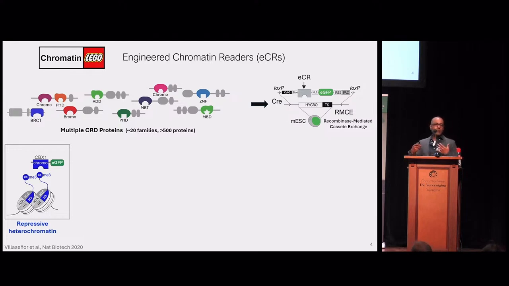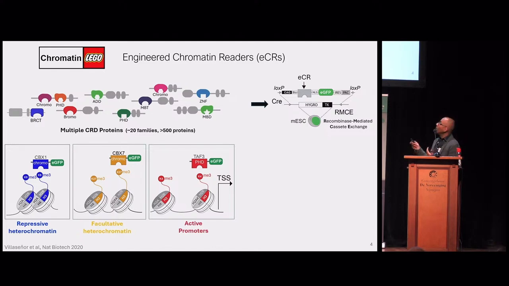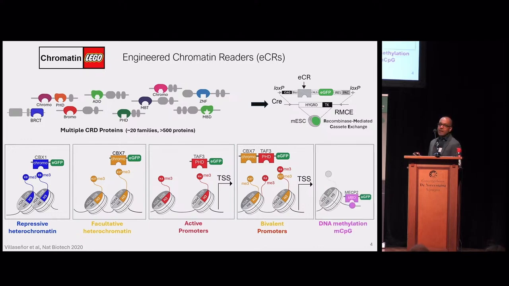We have a cell line into which we can clone many different flavors of reader domains with affinities towards different histone modifications. We can use these cell lines to probe repressive chromatin in the case of H3K9 trimethylation, facultative heterochromatin, active promoters, bivalent promoters by using combinatorial readers, and also DNA methylation.